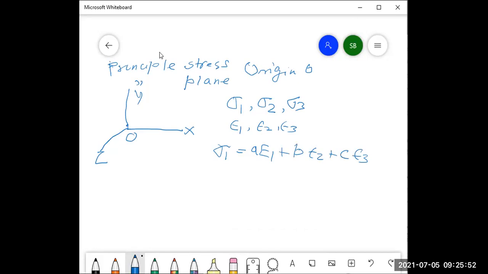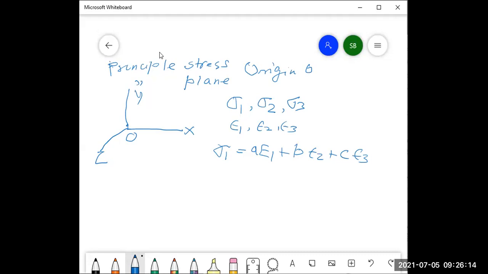Here A, B, C are all constants. As we are doing everything on an isotropic material, the strain is uniform in all directions.